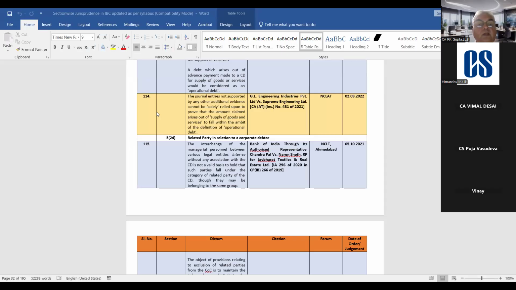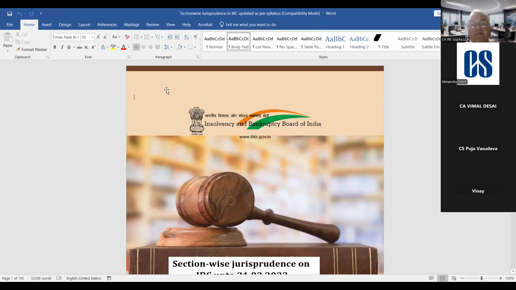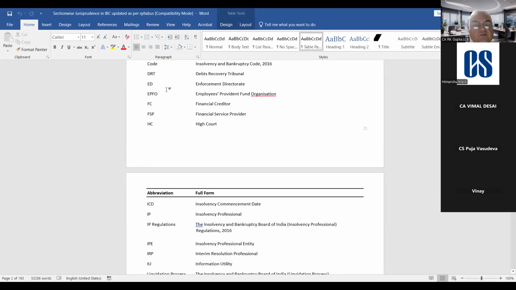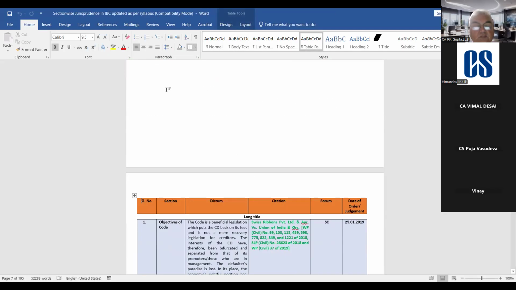So this is section wise jurisprudence. It's an IBBI publication and it has been updated by Pooja Vasudeva ji. So we are thankful to her for this.